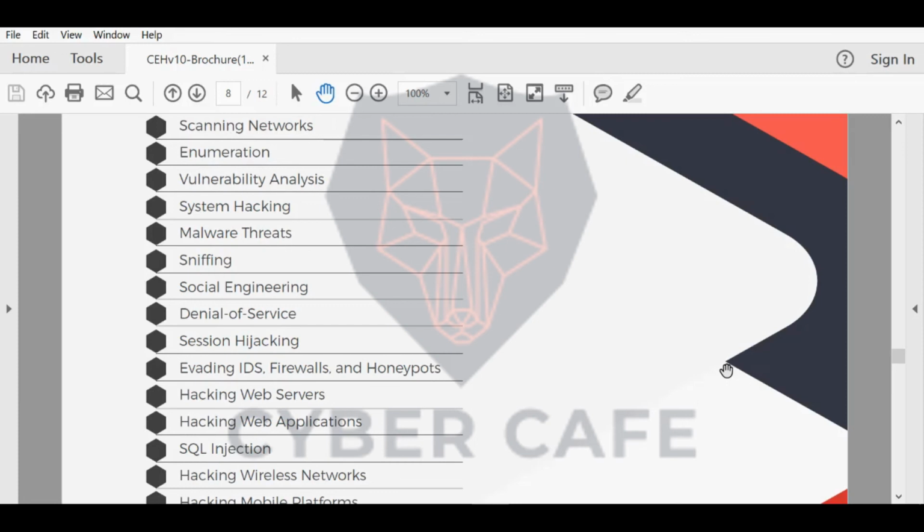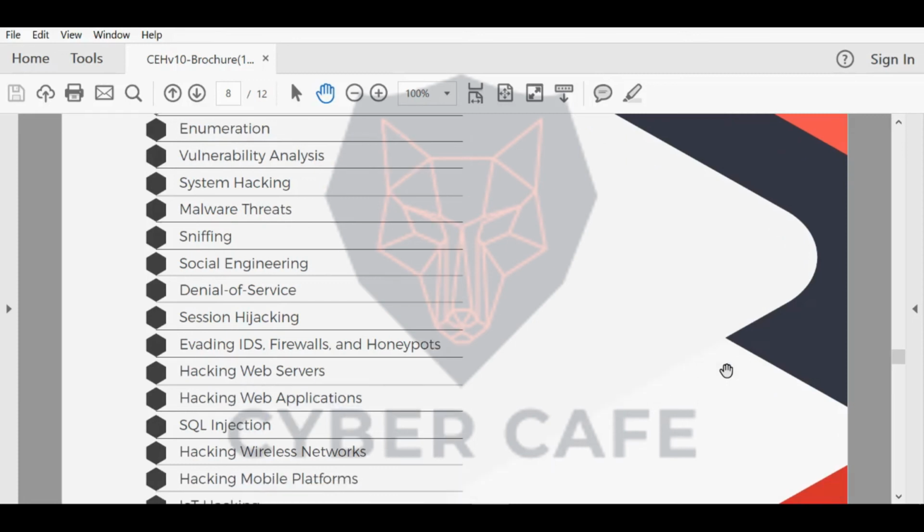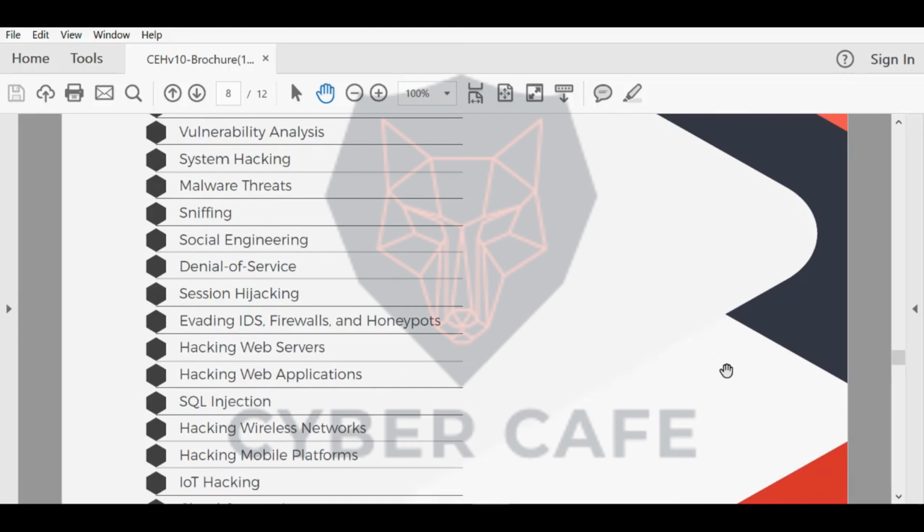Then we're going to talk about hacking wireless networks, different ways of doing wireless attacks. We're going to talk about hacking mobile platforms. Then, one of the topics that has been added to this version besides the vulnerability analysis is Internet of Things hacking. We're going to talk about what the IoT is, what IoT security is, and what the weaknesses in IoT security are.